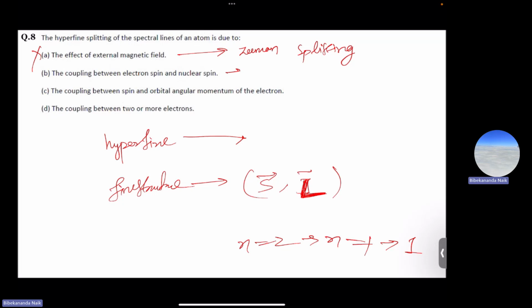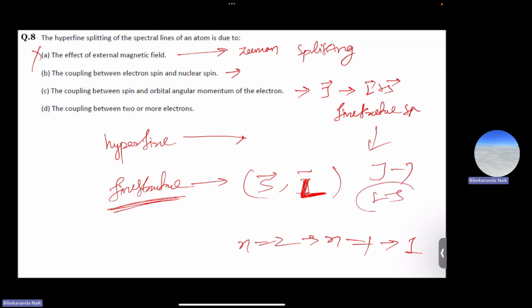Now let's consider the fine structure. Fine structure is the splitting due to the coupling between the orbital and spin angular momentum of the electron, where the J vector is the L vector plus the S vector. Now fine structure splitting also corresponds to JJ coupling and LS coupling.